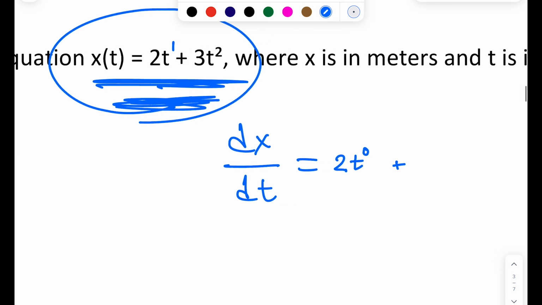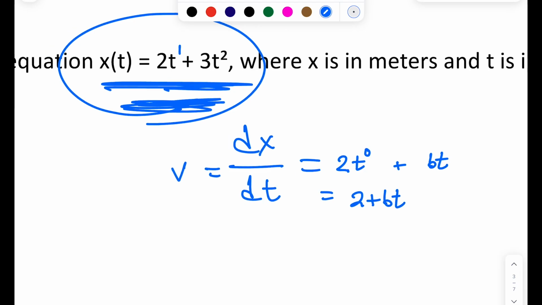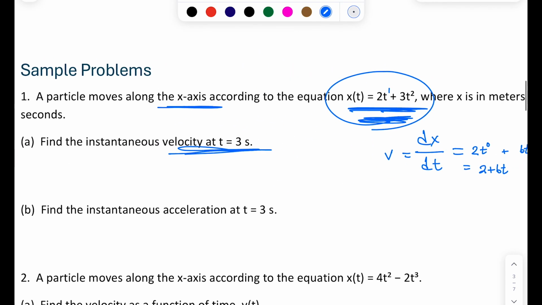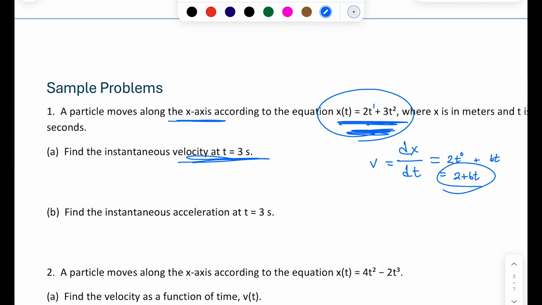Plus 6t, or let's just say it's 2 plus 6t. So this is equal to the velocity. It's 2 plus 6t. So what's the velocity at t equal to 3 seconds? You just plug it into this equation. It'll be 2 plus 6 times 3, which is 20 meters per second.